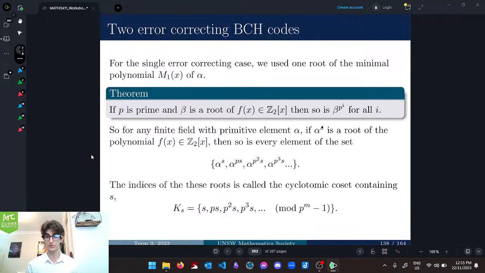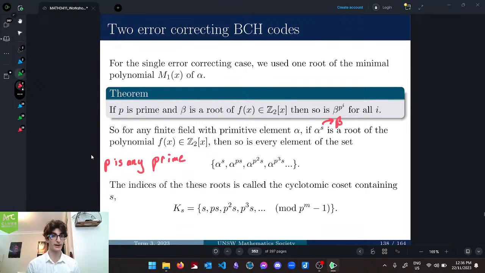So we know that in our situation, alpha to the s is our beta. And we are saying here, okay, if alpha to the s is a root. Now, I haven't defined this properly, but here p just represents any prime. So p is any prime.